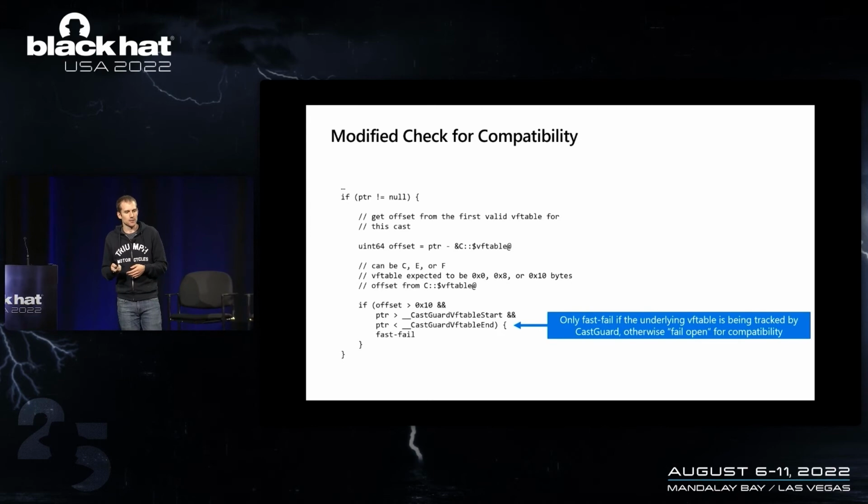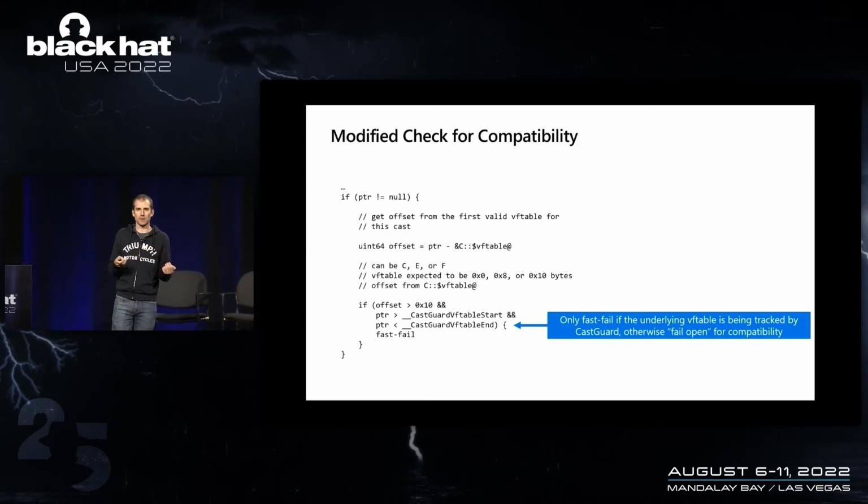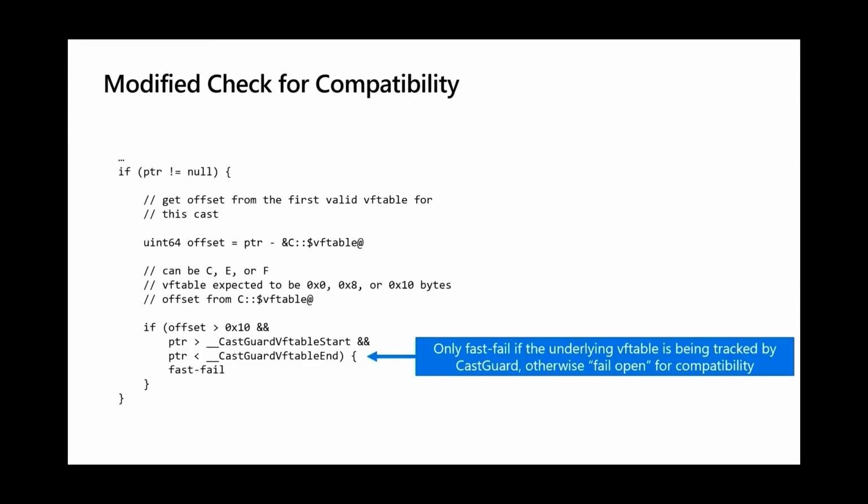If you fail the range check because your offset is too big, then we do a second check to see: is the vtable pointer that the object contains within our binary's CastGuard region? If it isn't, then we assume that this vtable must be from a different binary. We can't do a security check on that because it's from a different binary. And so we just fail open in that case.